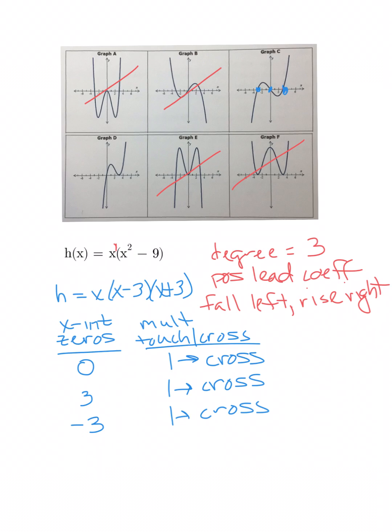Do we fall on the left and rise on the right? Yes. So graph C is the correct answer for that function. If you checked graph D, you cross at 0 and you touch at positive 3. That is not what we needed, so we know that can't be our answer.